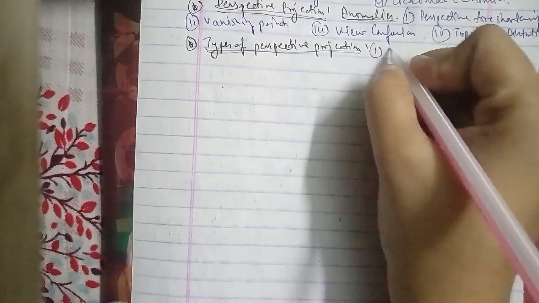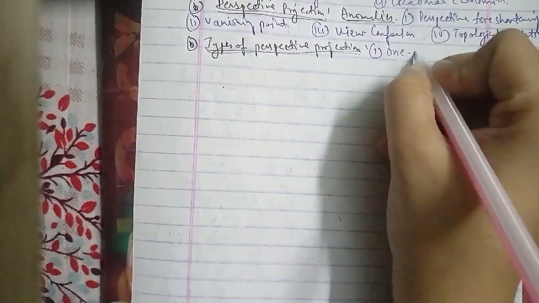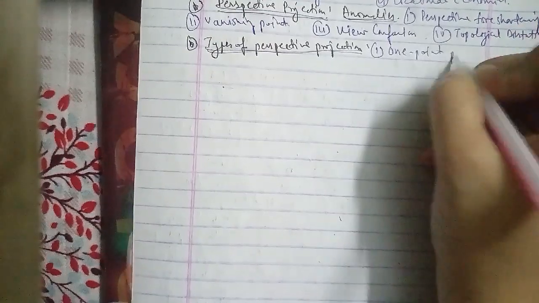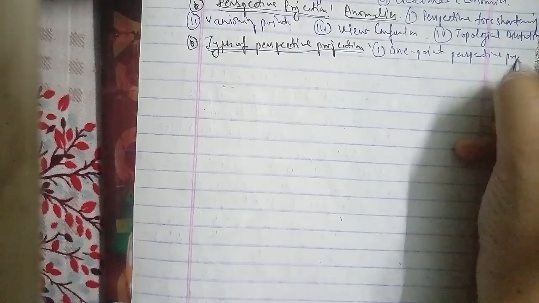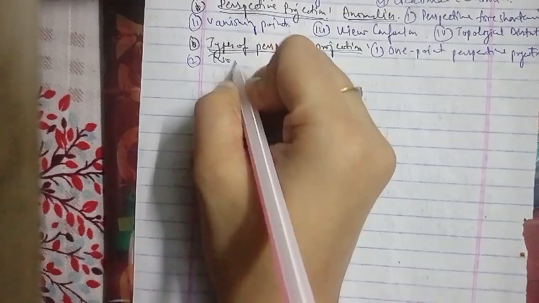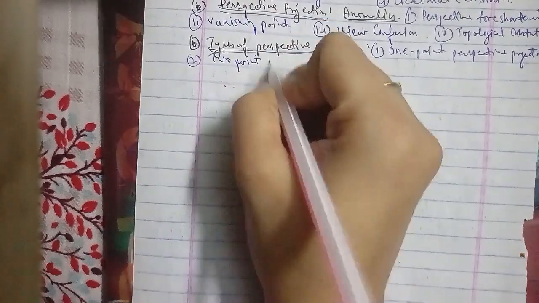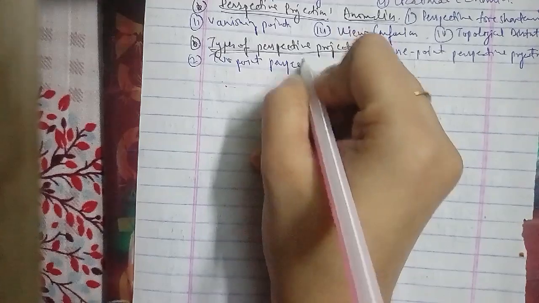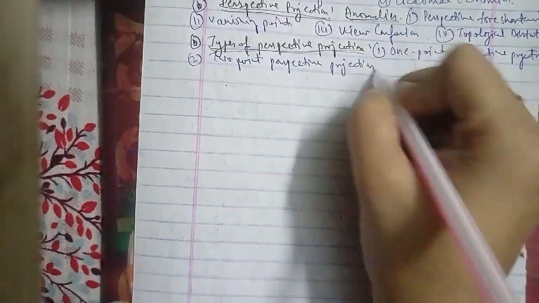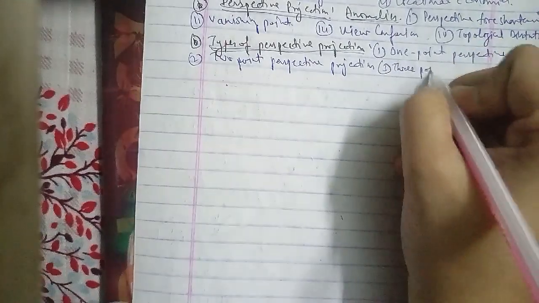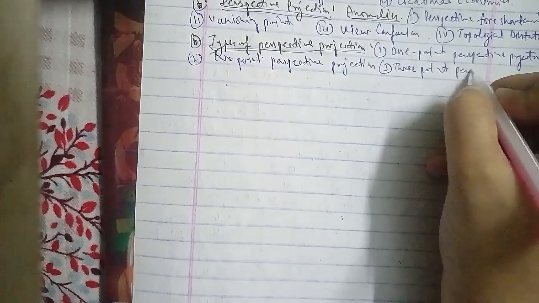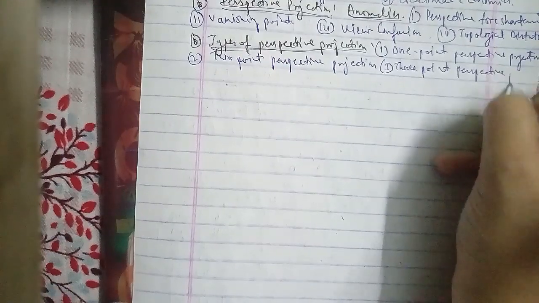The first is one-point perspective projection. The second is two-point perspective projection. The third is three-point perspective projection.